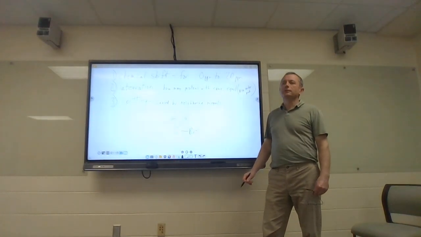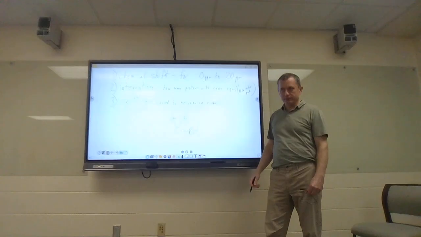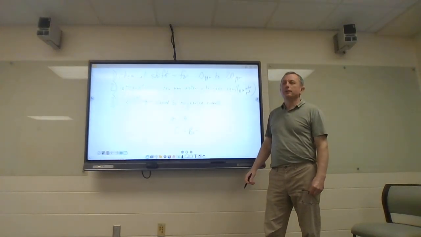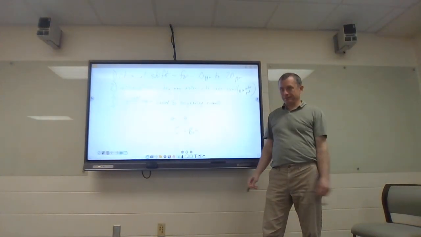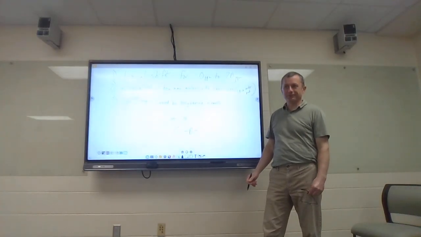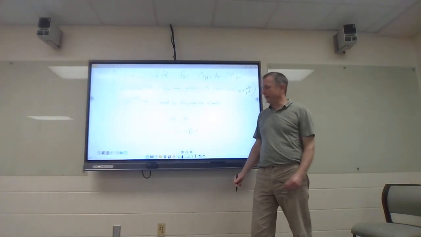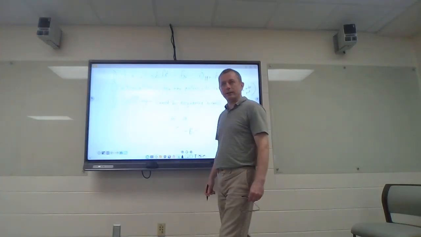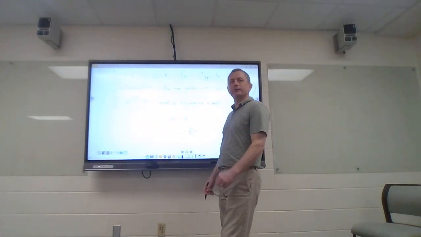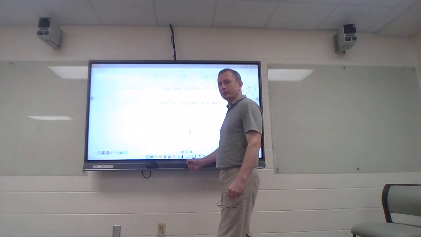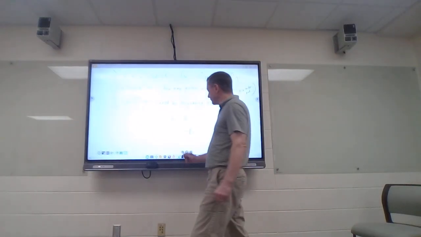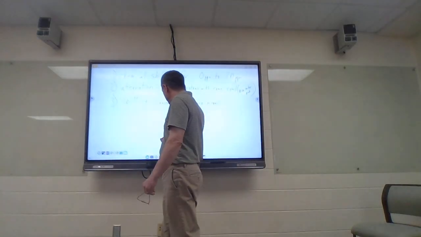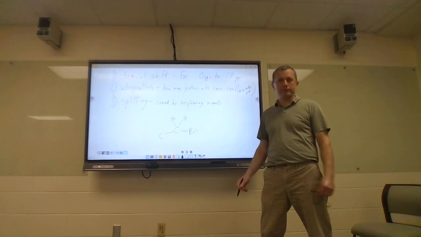Now, I've got another peak that's not next to the bromine, right? Because of where it's at. So how do you think I'm going to draw that? I know my molecular formula is 2 carbons, 1 bromine, and 5 hydrogens. So, well, let's put another carbon out there, right?